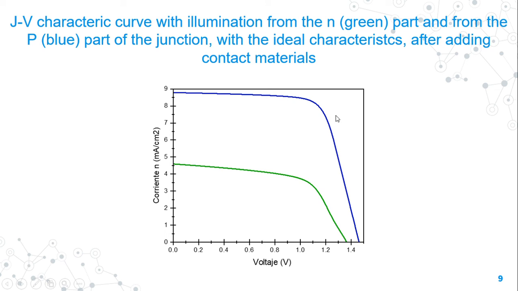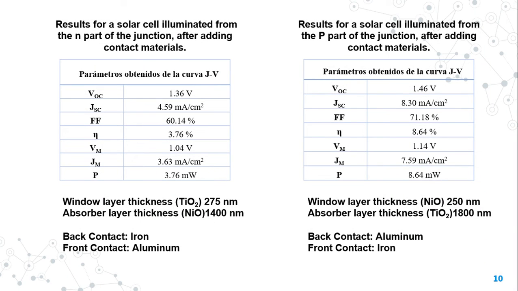From this graph, we can see that the efficiency increases in a very good way for the P illuminated solar cell. The numeric results show that the efficiency of the solar cell illuminated from the N side was almost doubled by the solar cell illuminated from the P side of the junction.